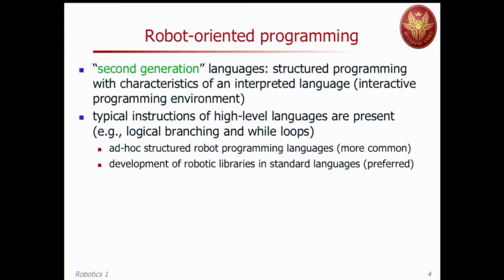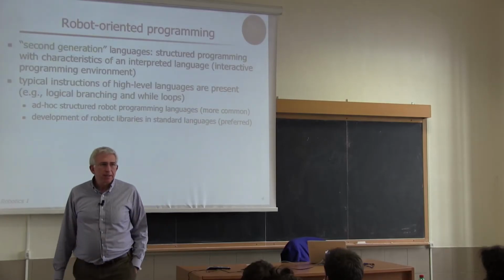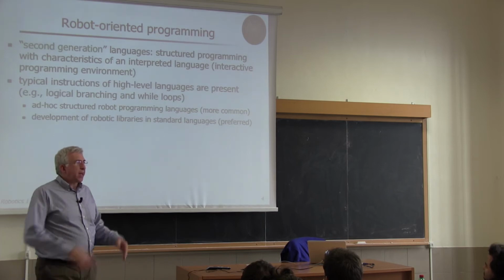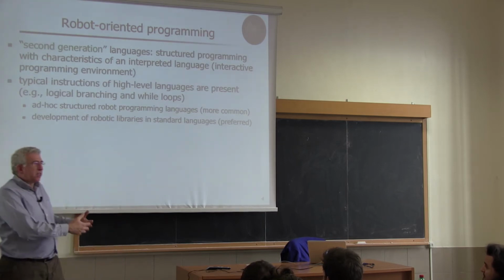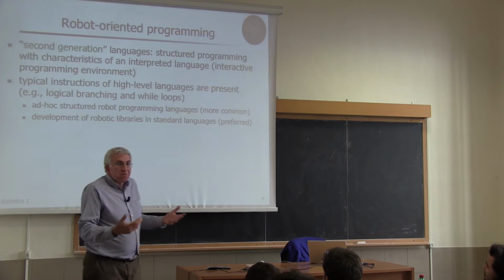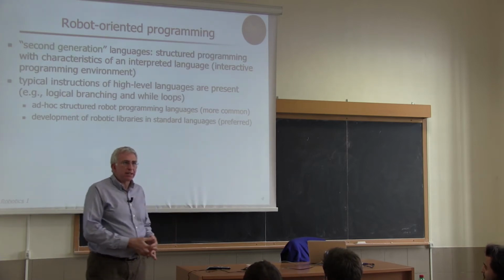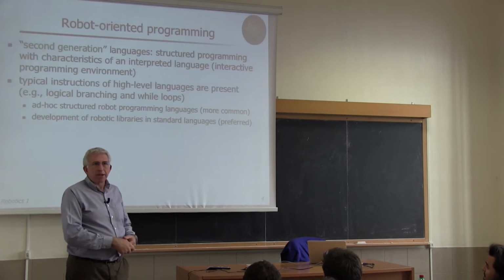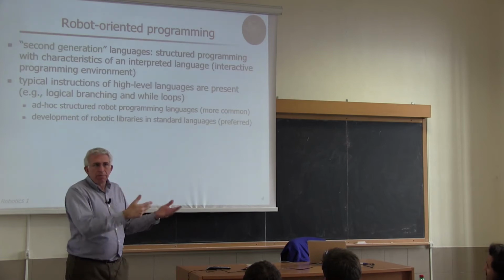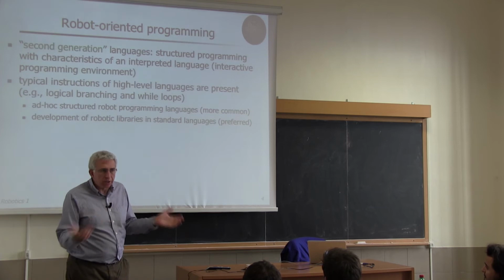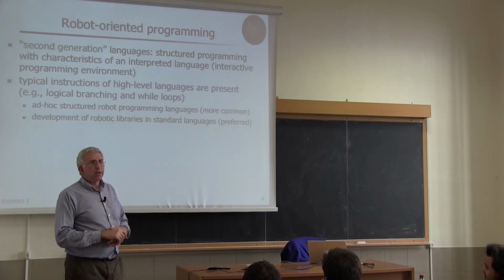There are the typical branching or while instructions. And if you buy a robot, every robot comes with its own programming language. This is kind of disappointing, because if you had developed a program on a 6 degrees of freedom robot, you may think that if you change the Denavit-Hartenberg parameters and the library of kinematic functions, you could repeat exactly the same, which is not true because you have to change the coding.